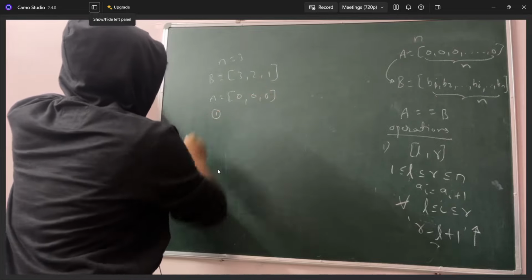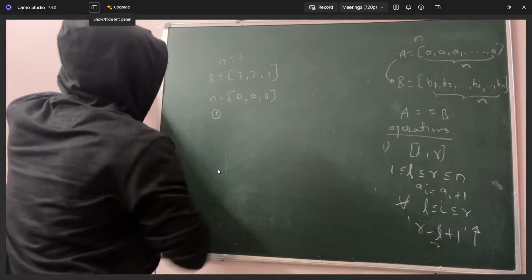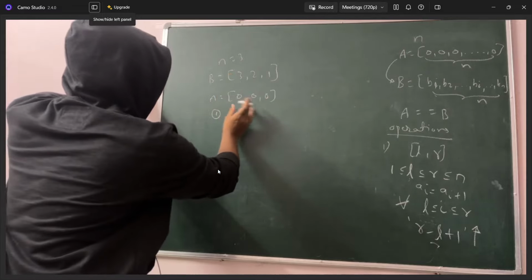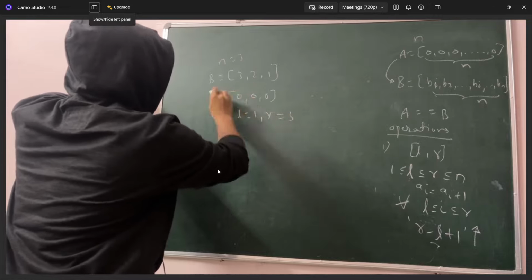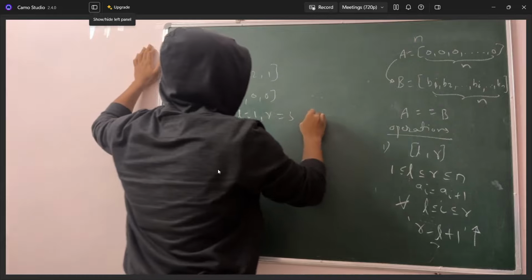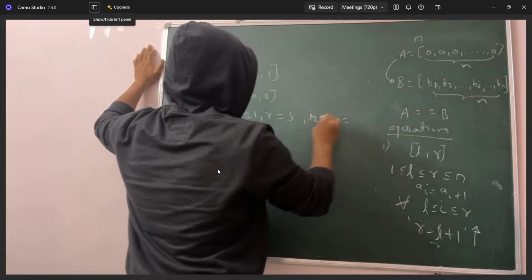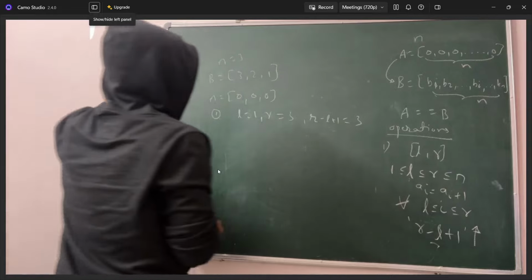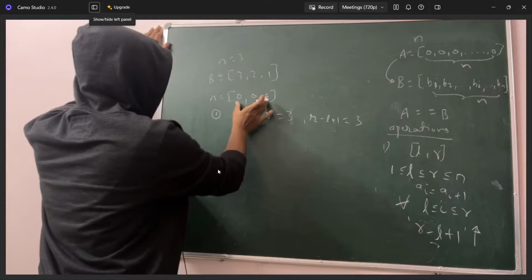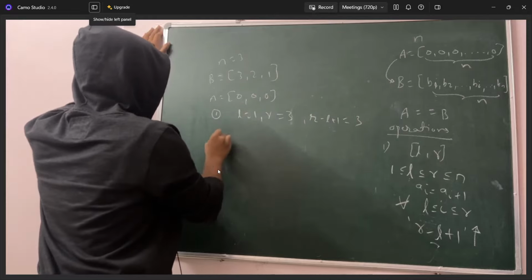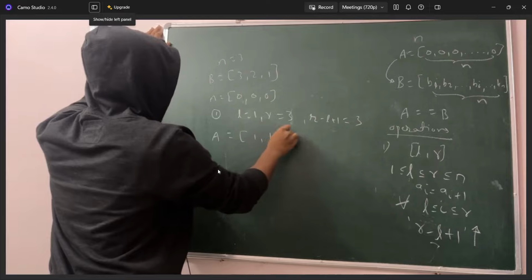In the first operation, since all elements are non-zero, I'll take L as 1 and R as 3, which is the entire array. Now R minus L plus 1 is going to be 3. So when your range is this, increase everything by 1. So this is your array.